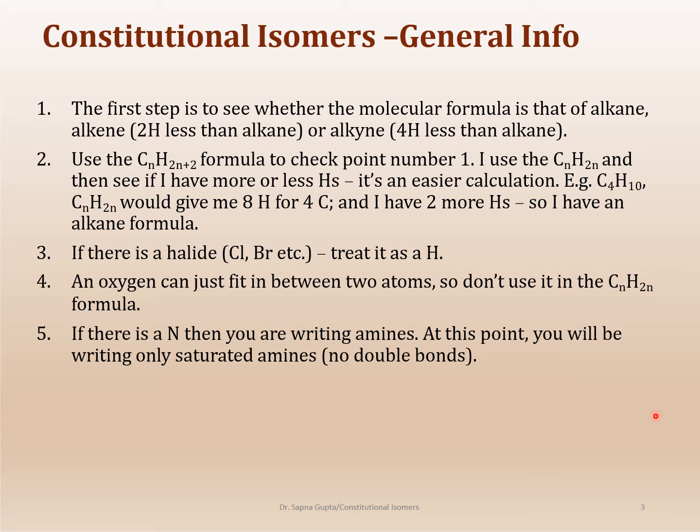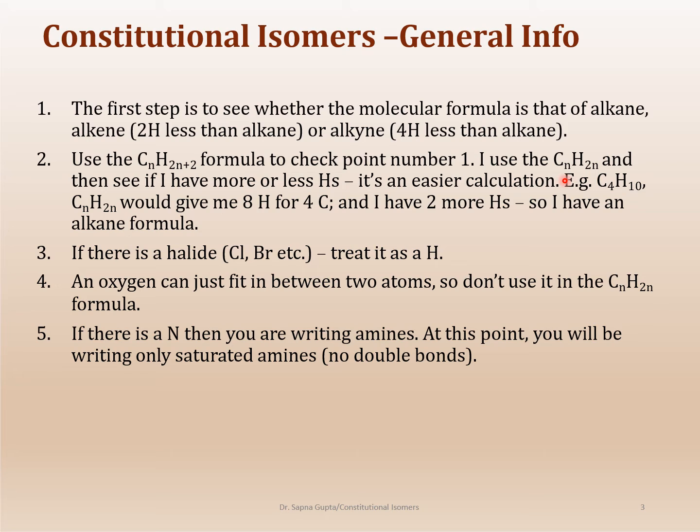The general information for writing out constitutional isomers is, first of all, you need to figure out whether you have an alkane, alkene, or an alkyne, which means you have saturation or unsaturation. In which case, you look at the CnH2n formula. CnH2n is easy to calculate.